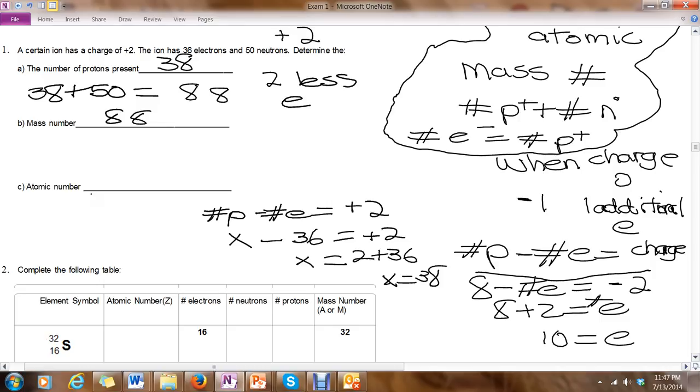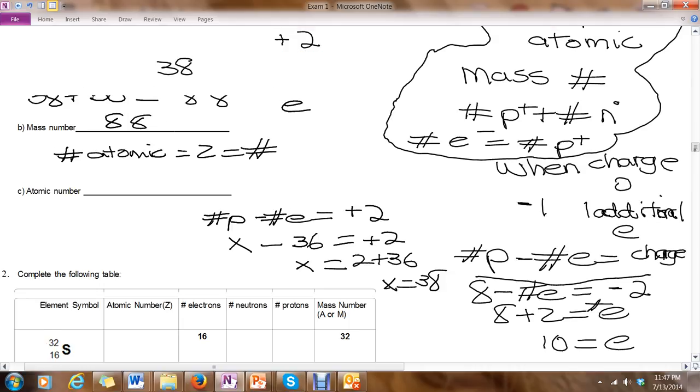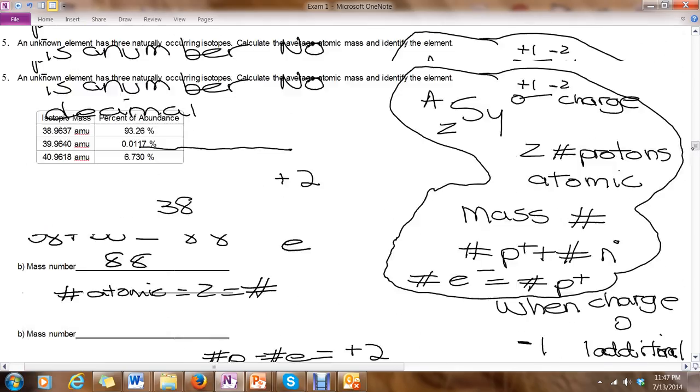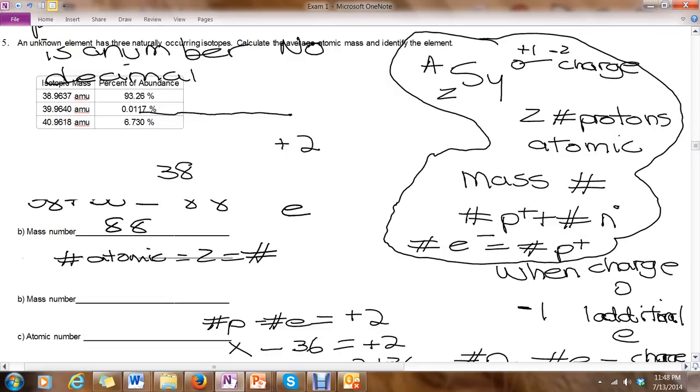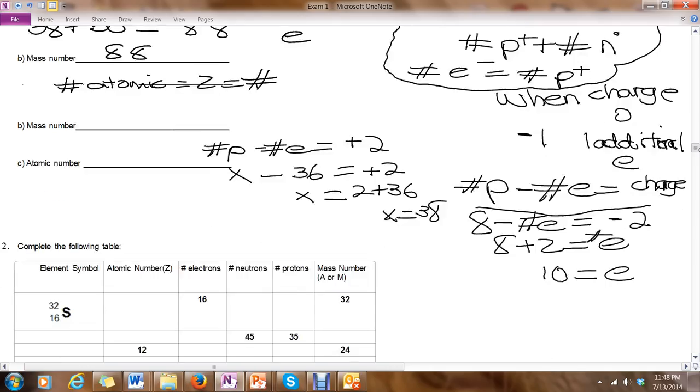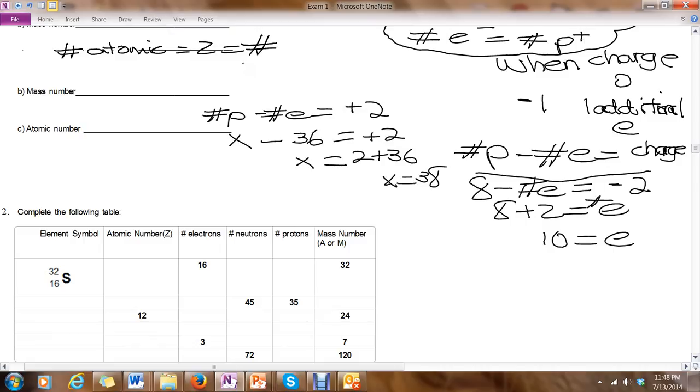And what would be the atomic number? Atomic number is Z, and it is the number of protons, guys. Z is equal to the number of protons and is equal to the atomic number.